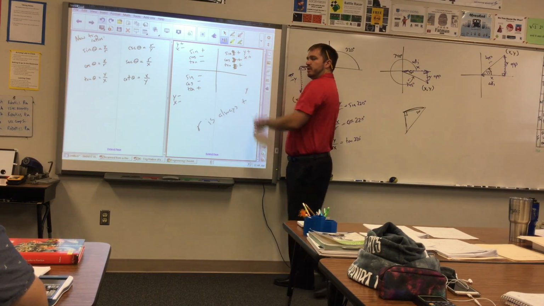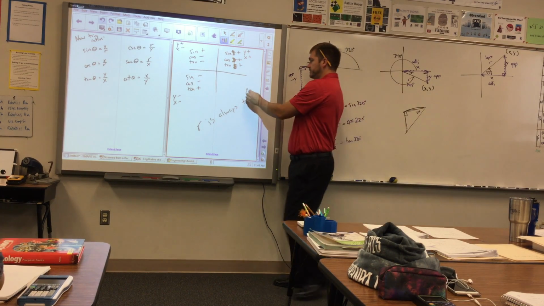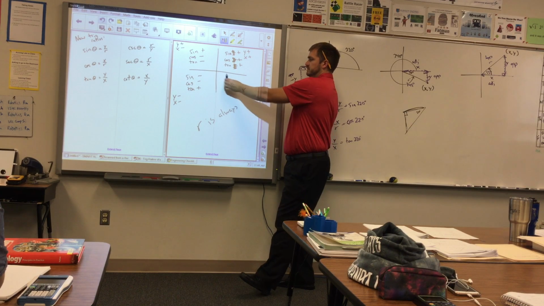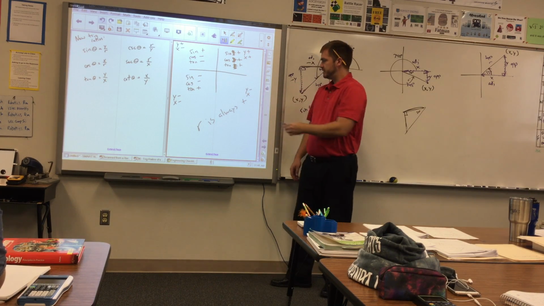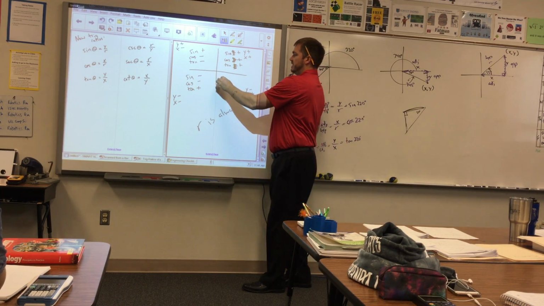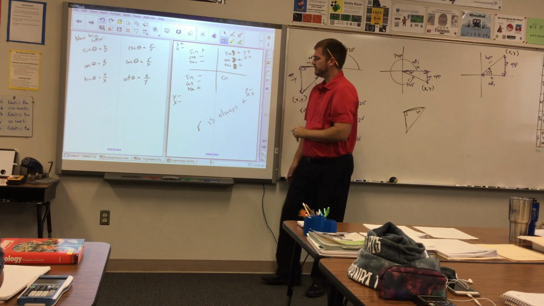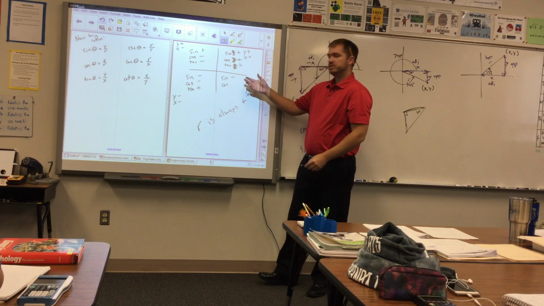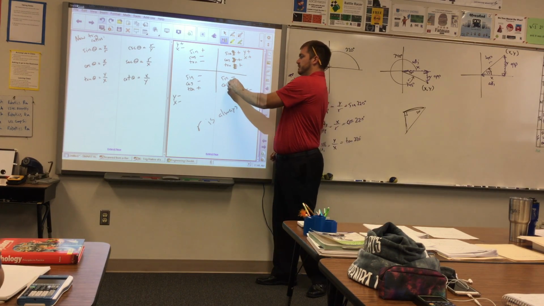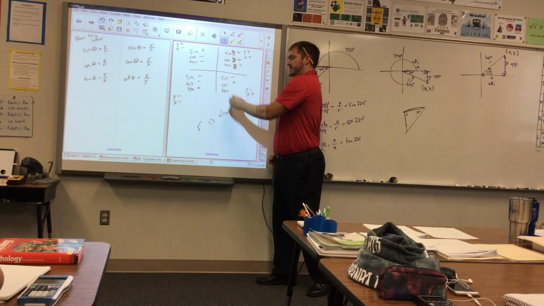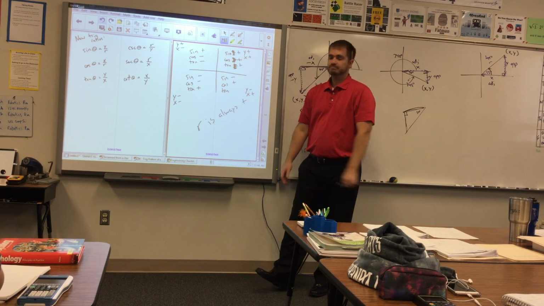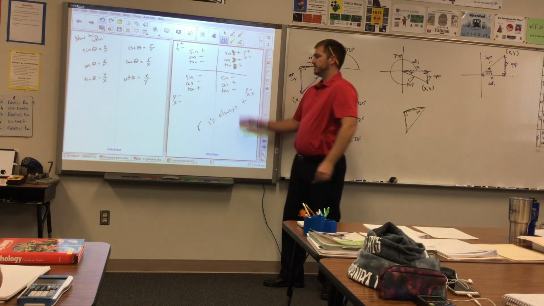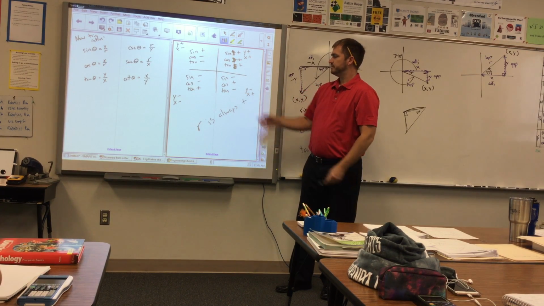In the fourth quadrant, the y's are negative, x's are positive. So the sine, which follows the y's, is negative. The cosine, which follows the x's, is going to be positive. And the tangent, anybody? Negative. It's going to be negative, because you have a negative divided by a positive.